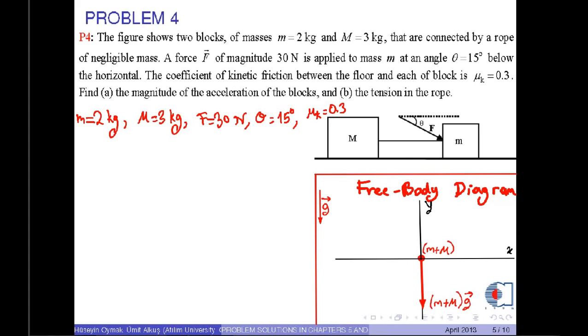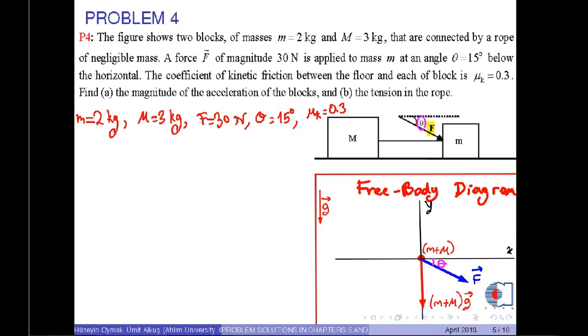But wait a minute. In this configuration, since external force F has components on both axes, before determining N, we draw vector F. And we write angle theta here.